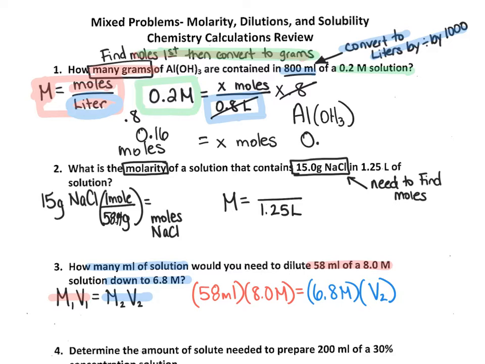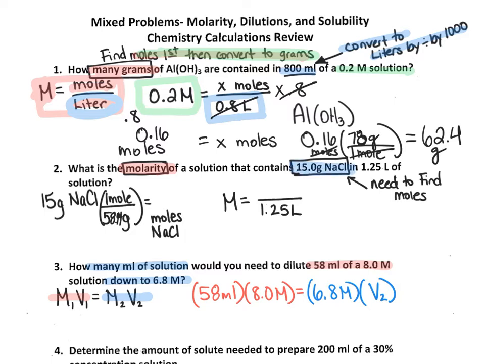So I take 0.16 moles, and one mole goes on the bottom so that moles cancels out. I put the molar mass of aluminum hydroxide on the top, which is 78 grams. So I need to multiply 0.16 by 78 grams. The number of grams I'm going to need is 62.4 grams.